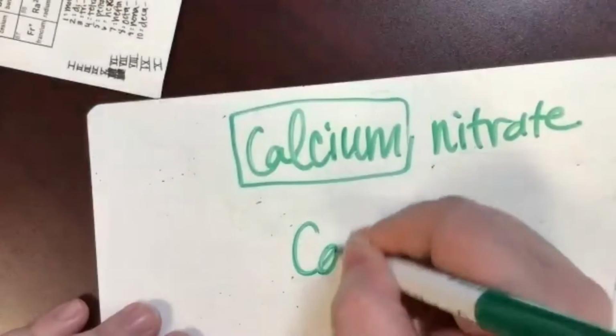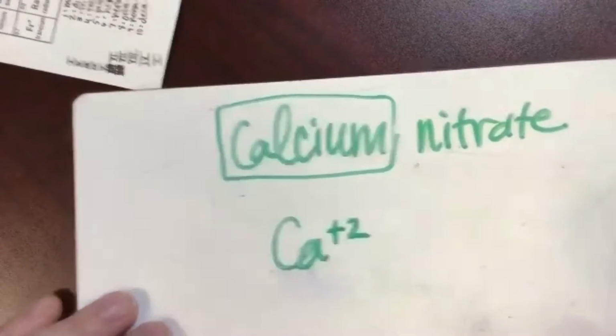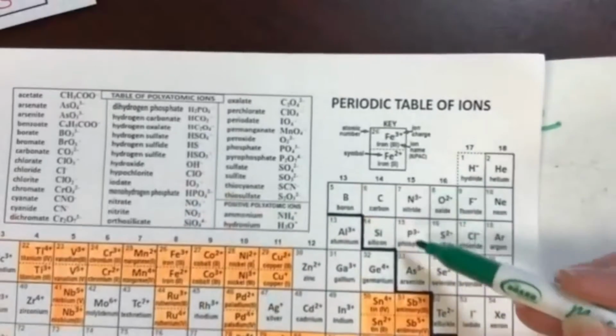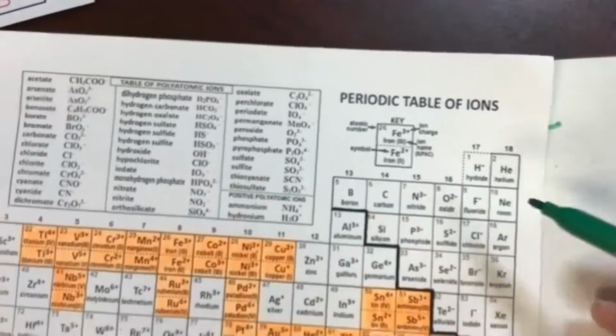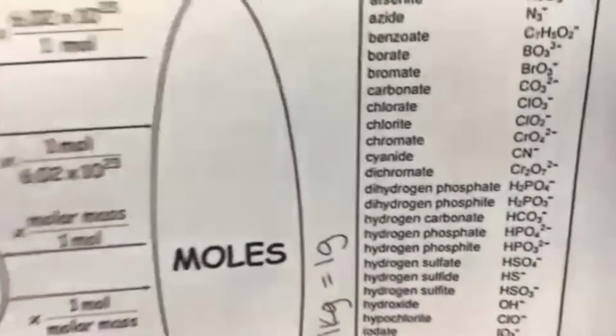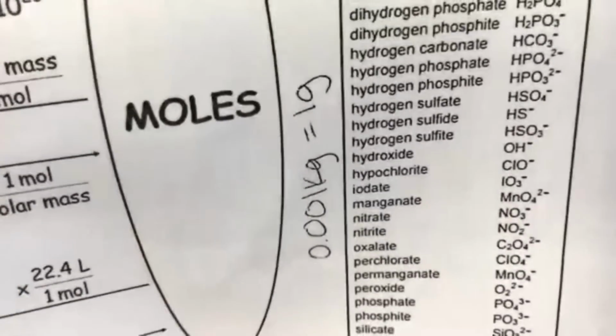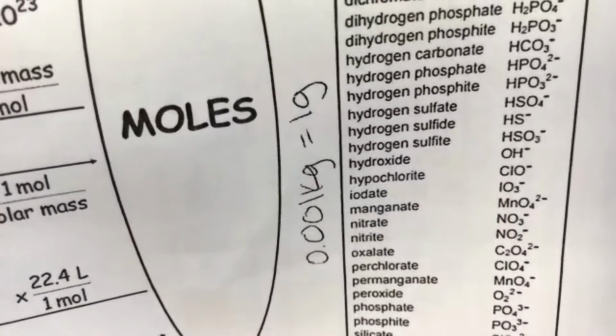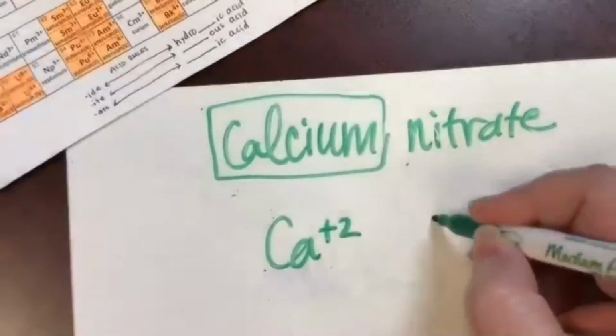So I'll write that down. Okay, nitrate. Well, I know it's not going to be over here because these are all -ide over here. Okay, this is ionic. All right, so nitrate's going to be back here. Now let's see if we can find it. There it is, right there. It is NO3 -1.